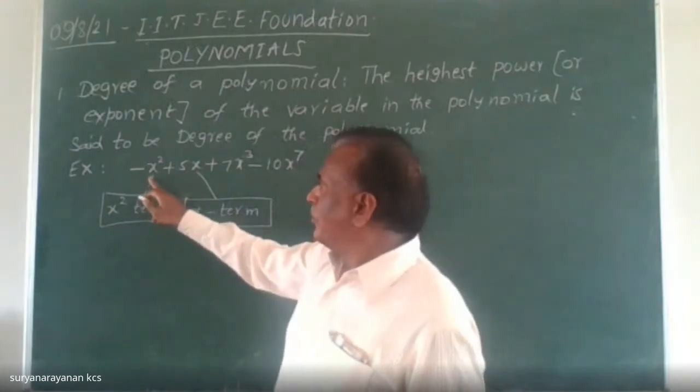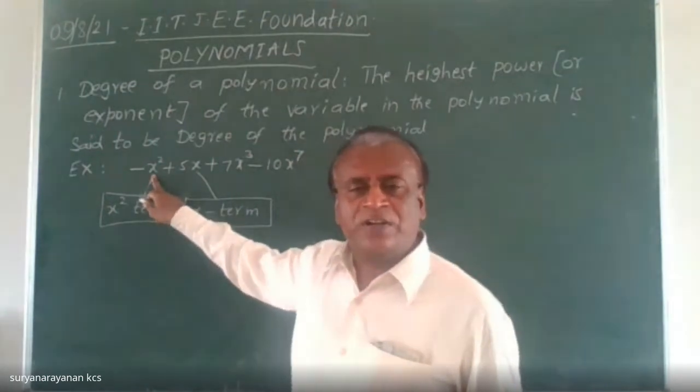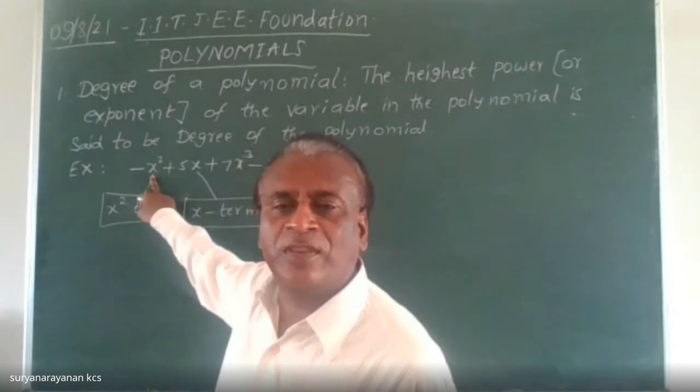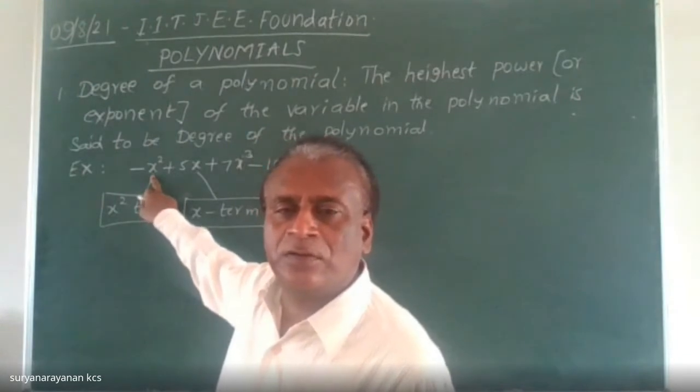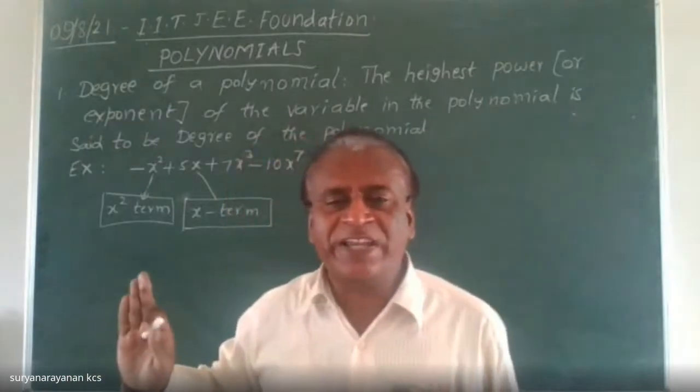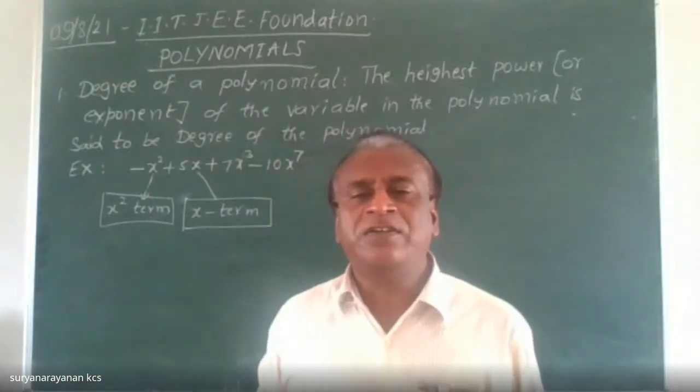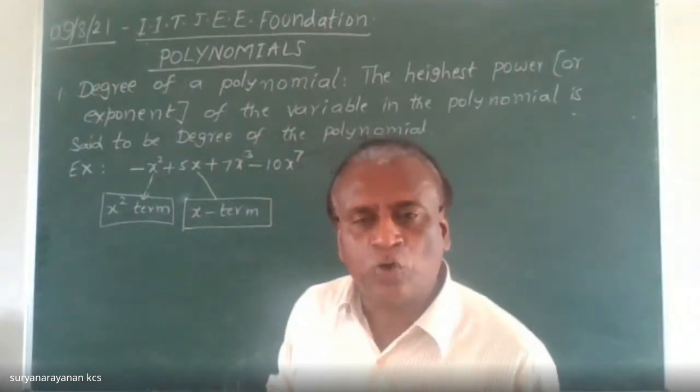So, what is the literal coefficient of this term? X square. Very good. X square only, not x. Again, don't say x. X square only is said to be the literal coefficient.